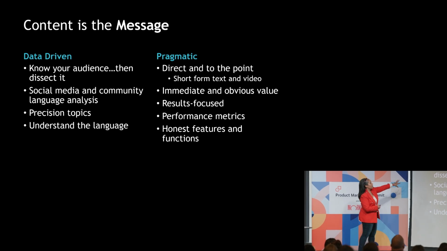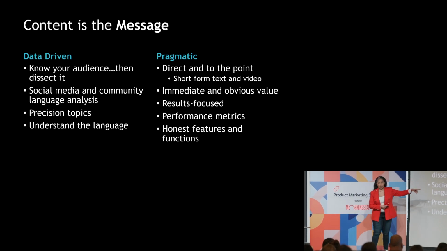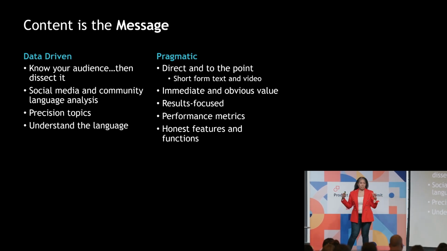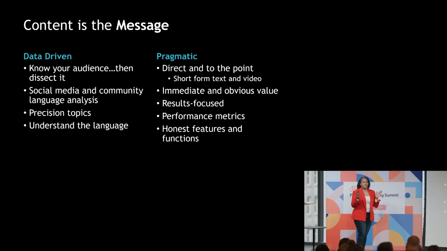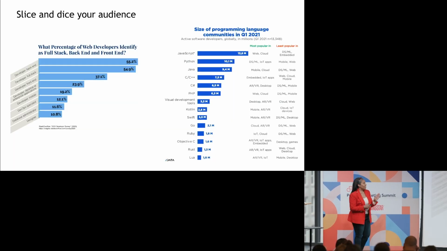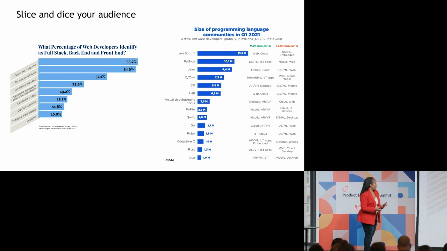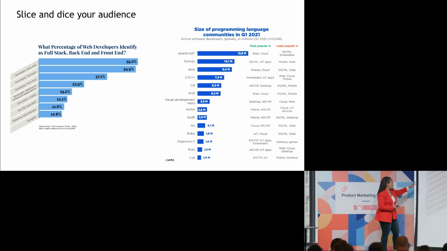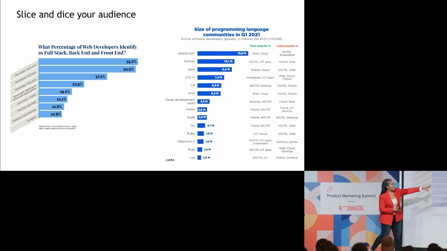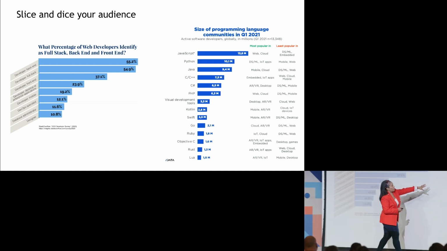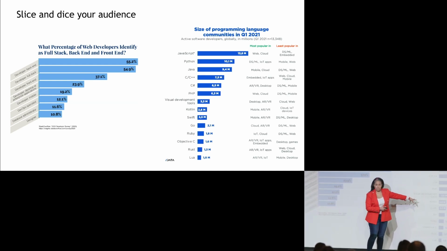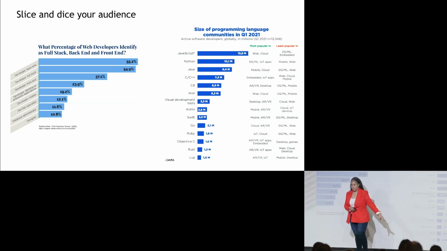Going back. So when I talk about knowing your audience and dissecting it, developers come in more flavors than Baskin-Robbins, right? And you have to understand that. You can slice and dice your audience any number of ways, right? I know this is kind of hard, but these are developer, backend, full stack, designer, DevOps specialists. On this side, breaking them down by the languages or the technologies that they use.